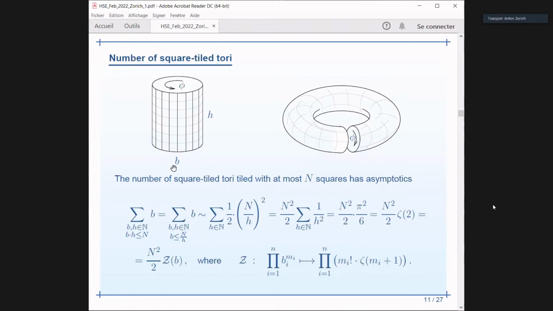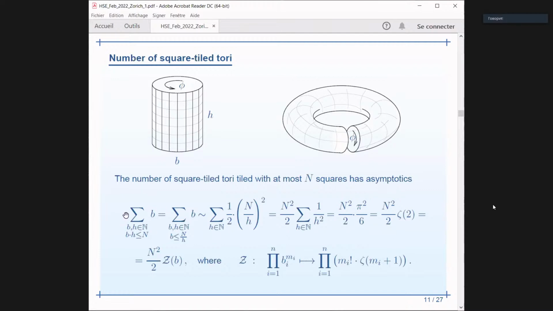I have to vary b, h, and for every pair b and h, I have b options of twists. And also this bh should be such that the total area, the number of squares, which is the area of the cylinder, which is b times h, is at most n. And so I have to compute a sum like this.